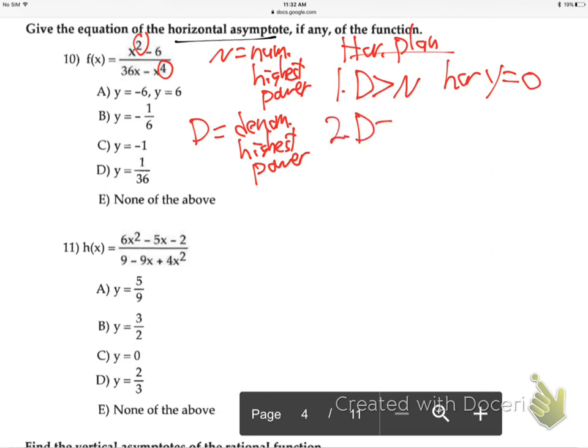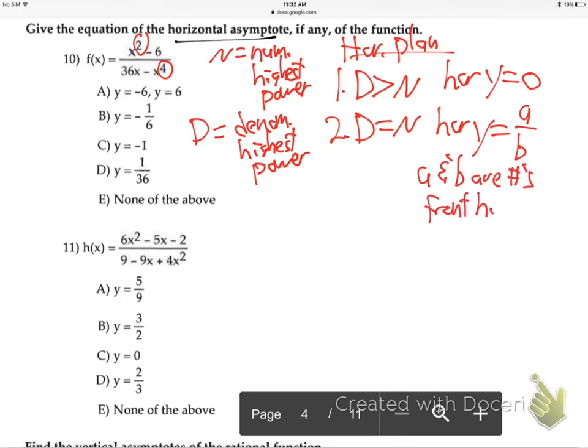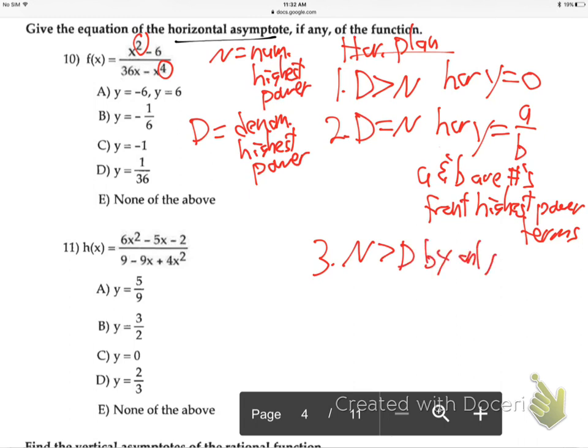Number 2, if they're equal, then the horizontal asymptote is just a over b, and a and b are numbers in front of highest power terms. Number 3, if the numerator is bigger than the denominator by only 1, then it's an oblique.